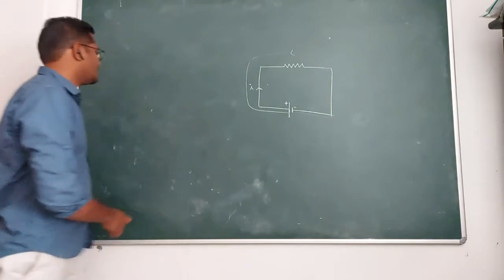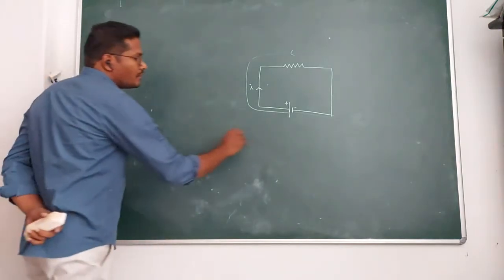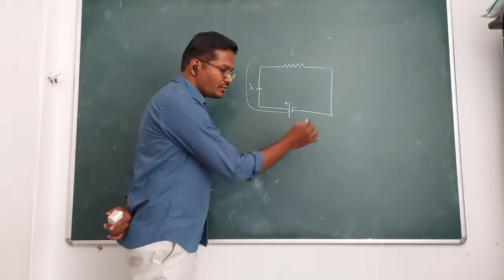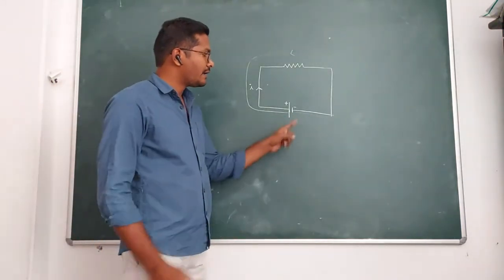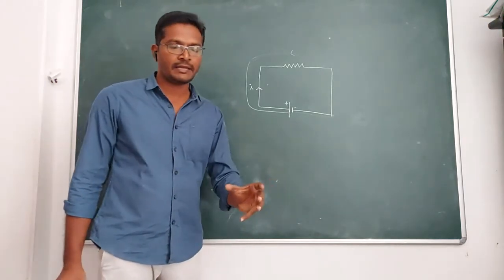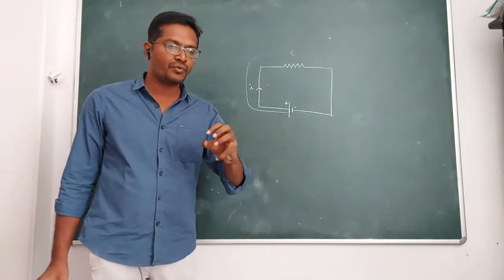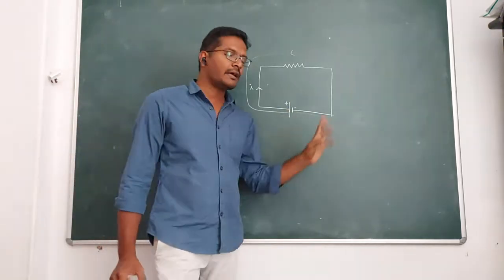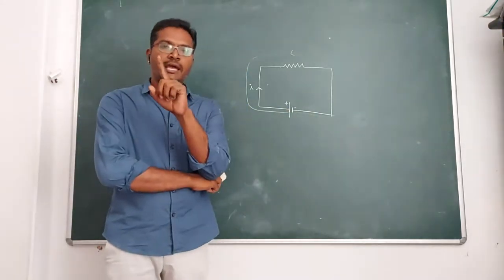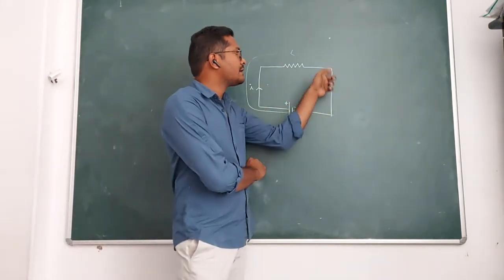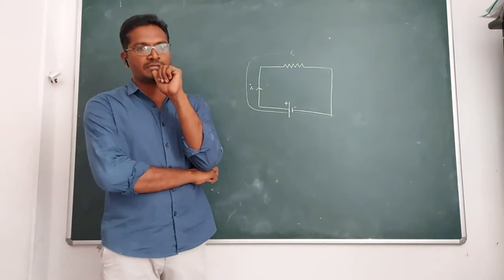Here I am considering a battery. The battery is supplying energy to the electrons. The electrons are moving, which means a force is applied on the electrons. In order to apply a force, energy is needed. That energy applied on the electrons is the electrical energy. By taking the electrical energy, electrons are moving in the circuits.